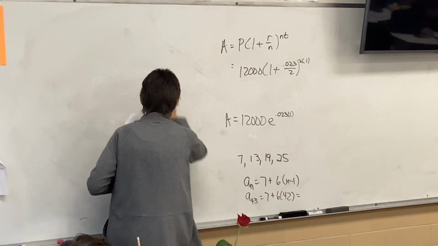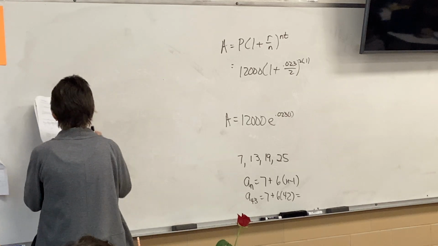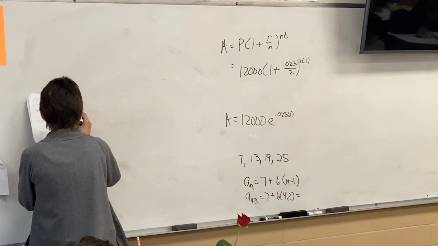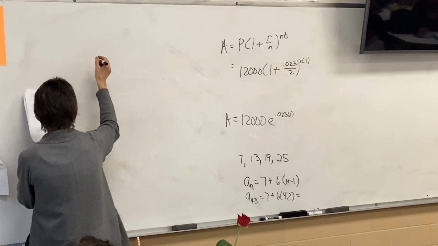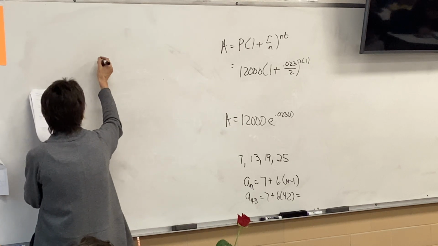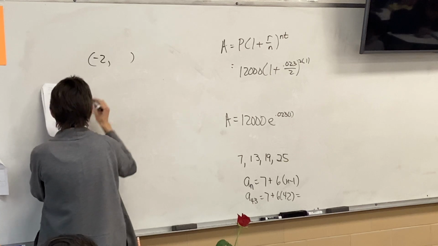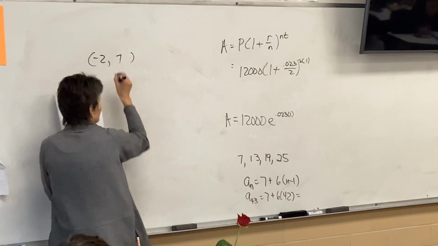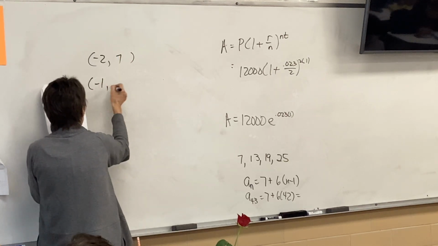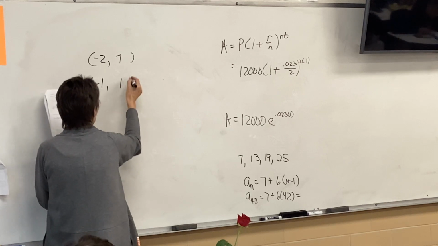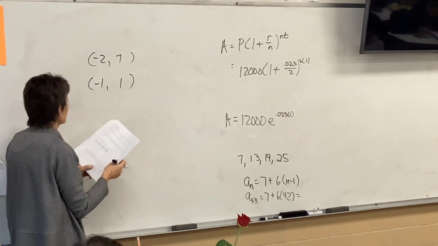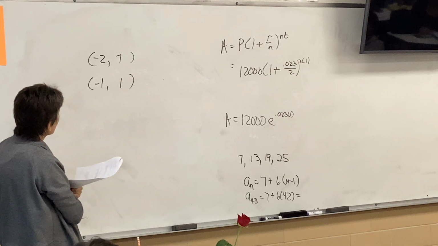I looked at the points from 2 to negative 2 to negative 1, and it changed by 6. So, you said -2 has a y coordinate of 7. Yep. And -1 has a y coordinate of 1. So you looked at a couple of points. Okay, and then what did you do?